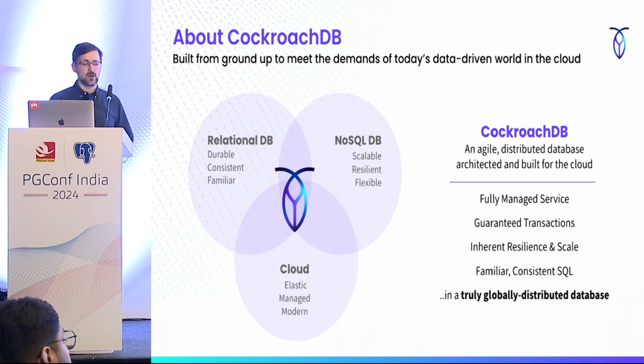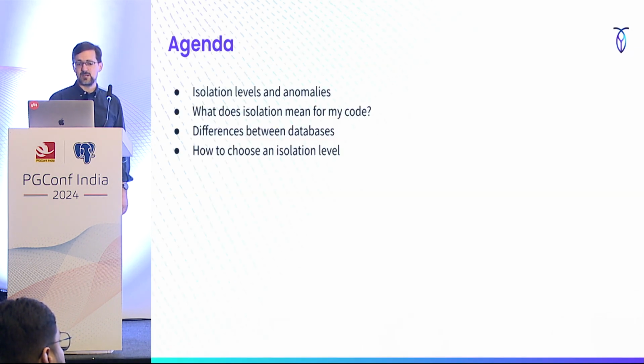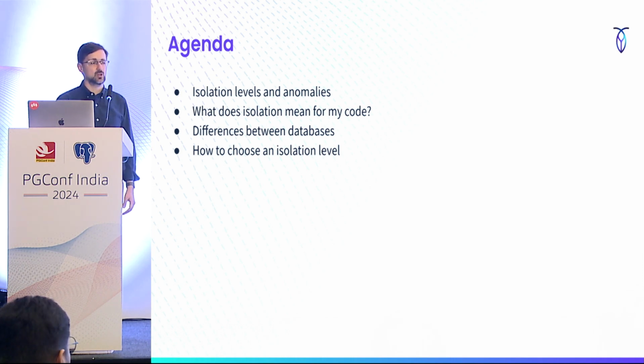I'm going to talk about database isolation levels. This is a concept that appears in every database from Postgres to Oracle to SQL Server, but a lot of people don't really understand them. And so I'm going to talk about what isolation levels are, kind of the traditional ways of thinking about them, and then how I like to think about it, focusing on how isolation levels affect the way you write your application code.